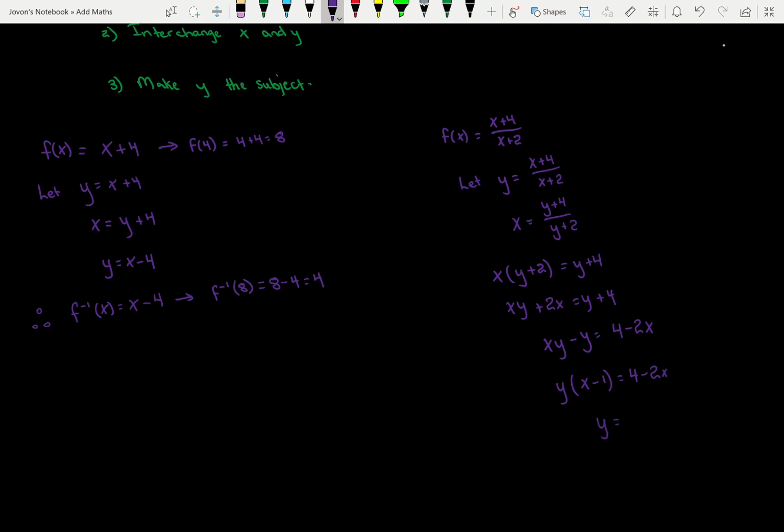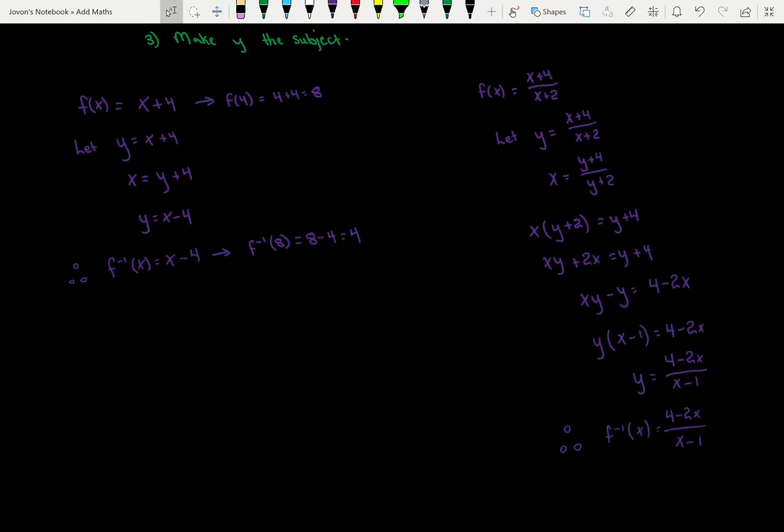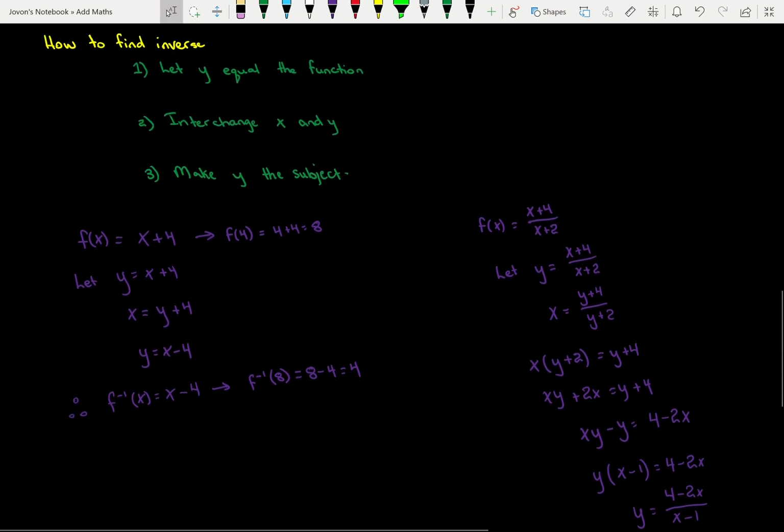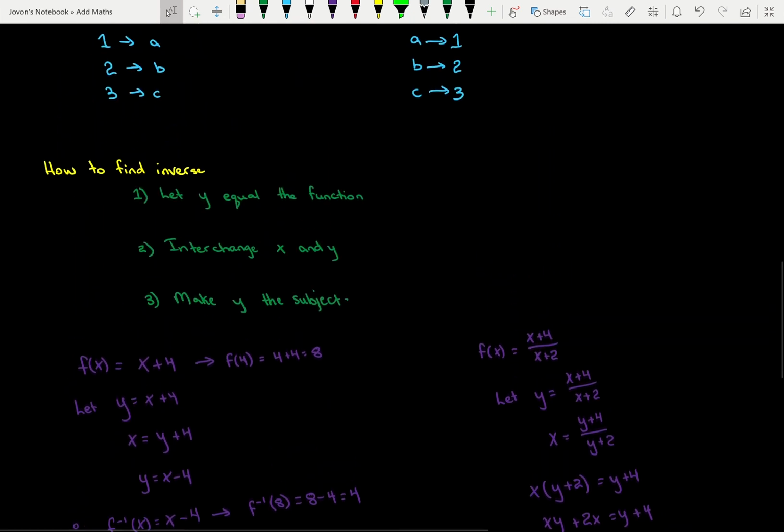Therefore, y is equal to 4 minus 2x all over x minus 1. And you see, therefore, f inverse of x is equal to 4 minus 2x all over x minus 1. And that's pretty much it for the inverse of a function and one-to-one functions. That's really all you have to do.